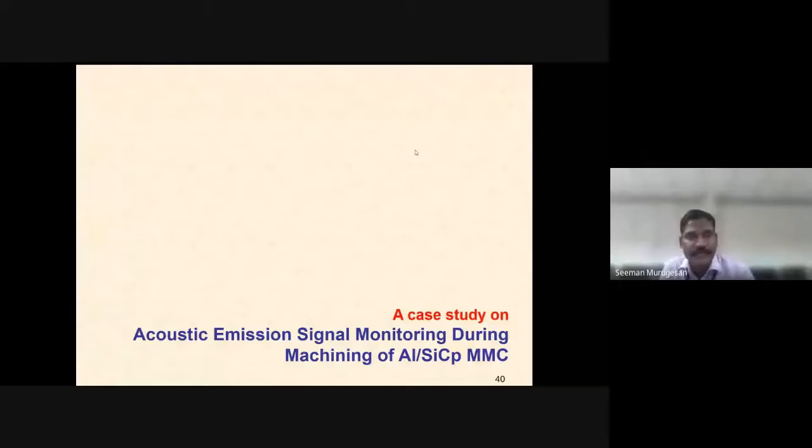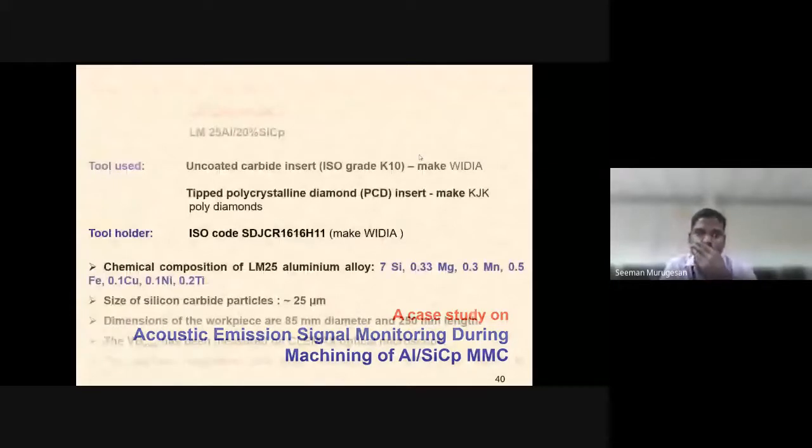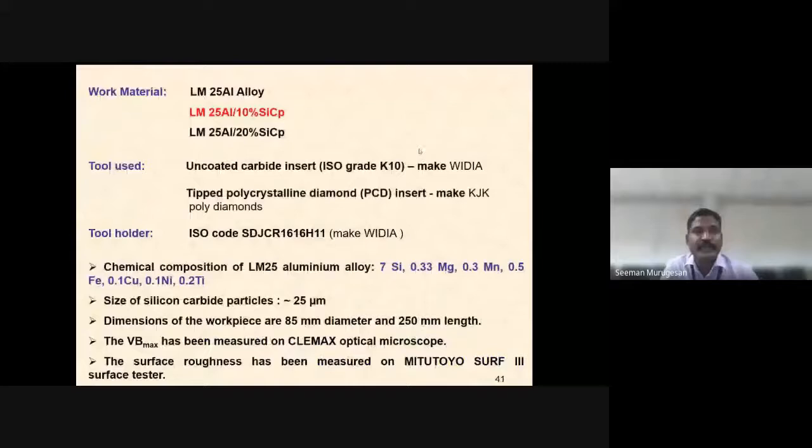In this experimental work, the work materials are LM25 aluminum alloy, LM25 with 10% silicon carbide particulate, and 20% silicon carbide particulate. For time limitation, I discuss only the 10% silicon carbide aluminum metal matrix composite.